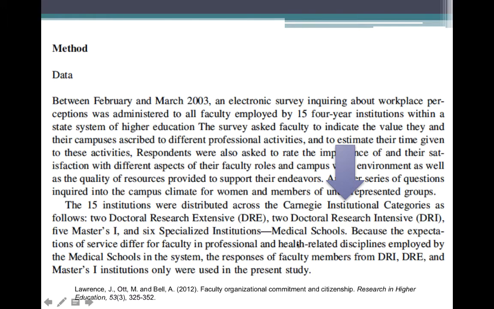So in particular, there were 15 institutions in the system, but 6 were medical schools. And so because we decided that the focus of our study was on faculty careers, and we believe that faculty in medical schools and those types of institutions have very different experiences than others at doctoral research universities and master's institutions, we opted to exclude the responses of the faculty from the medical schools from that particular type.